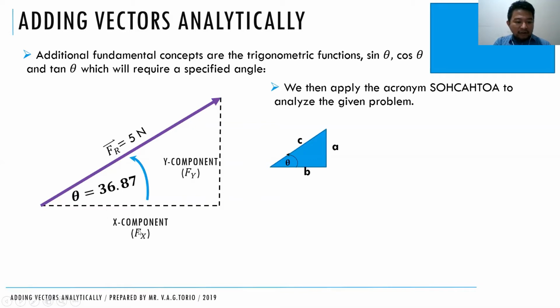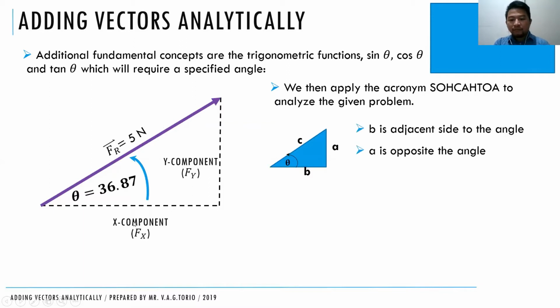Theta and the x component are adjacent. Theta is also adjacent to f sub r. However, f sub r is already labeled as the longest side, or the hypotenuse. So whenever we refer to the adjacent side to the angle, we refer to the other side, not the hypotenuse.